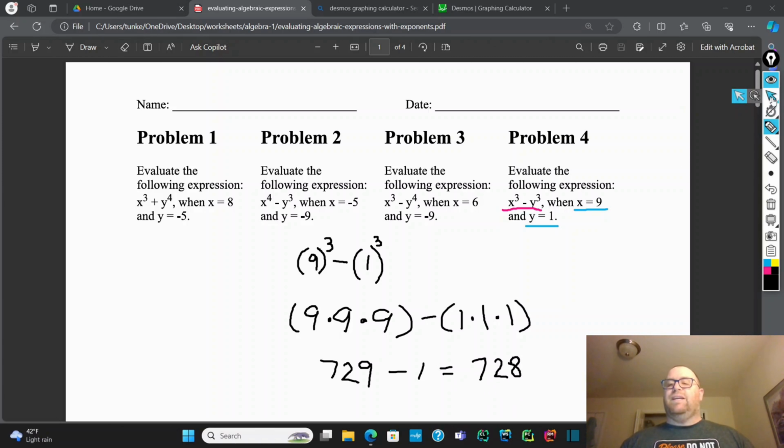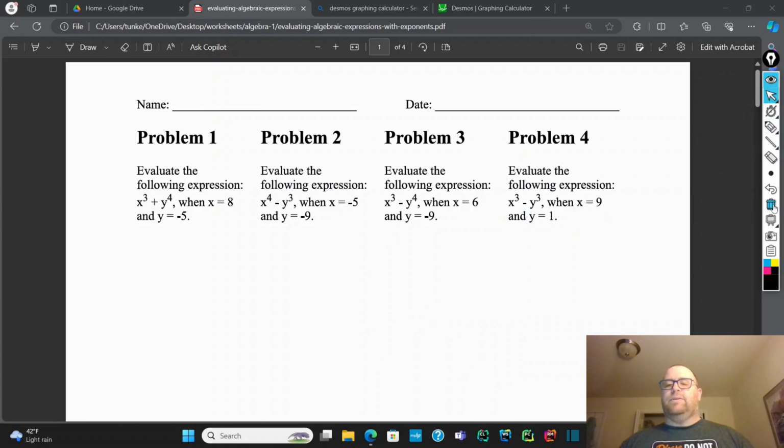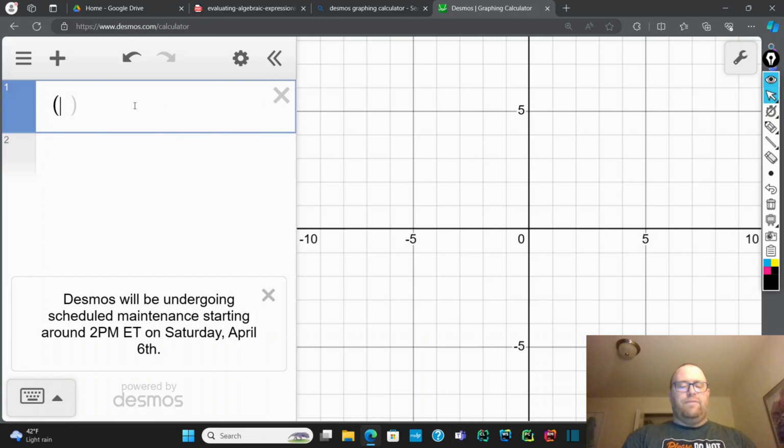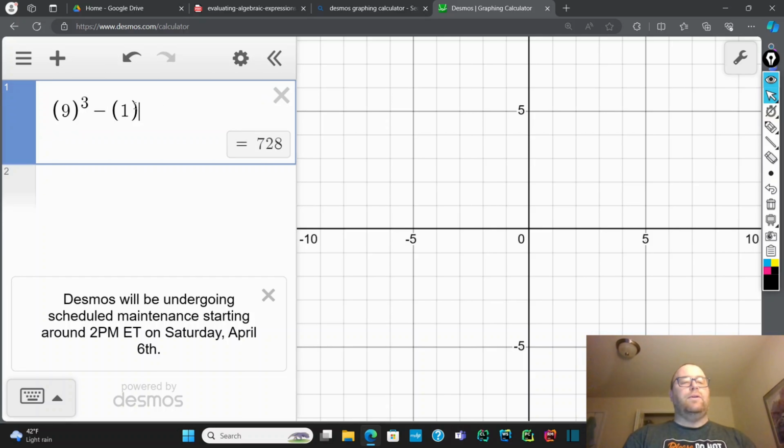Let's do this via Desmos. So I'm going to take a snapshot, boom, and I'm going to delete that stuff, go to Desmos. So here we have 9 cubed minus 1 cubed, and we see we get the same solution, 728. Obviously, if you're taking the test, use Desmos. If you're practicing arithmetic, do it the written out way.